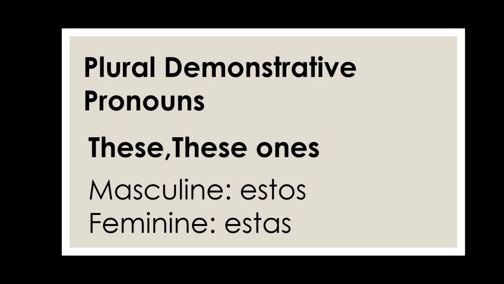Plural demonstrative pronouns. We learned singular, now we learn plural. These or these ones: éstos used for masculine and éstas used for feminine. Remember, we use éstos and éstas for plural demonstrative.